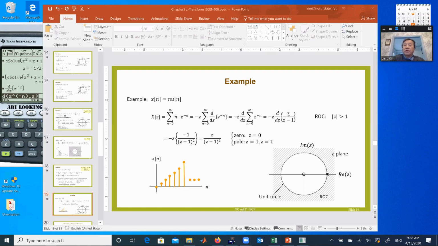So take a derivative of this guy now. So this is the g transform of the ramp function starting from n equals 0.